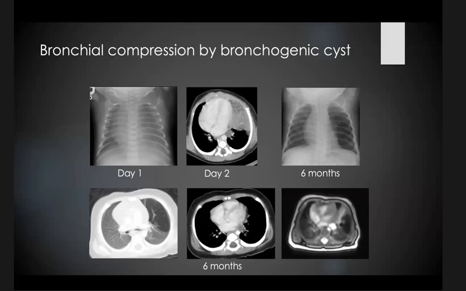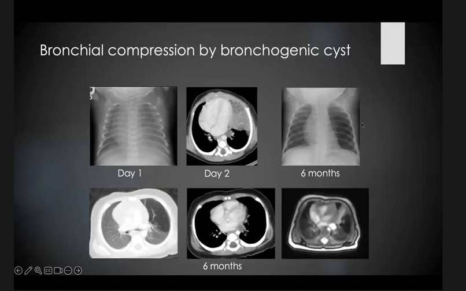So you see here the baby on day 1, with the mediastinum shifted to the right and some delay in excretion of the fluid. On day 2, you still have a lot of fluid in that lung, because when you have a trapping lesion, it takes long for that lung to clear the fluid.